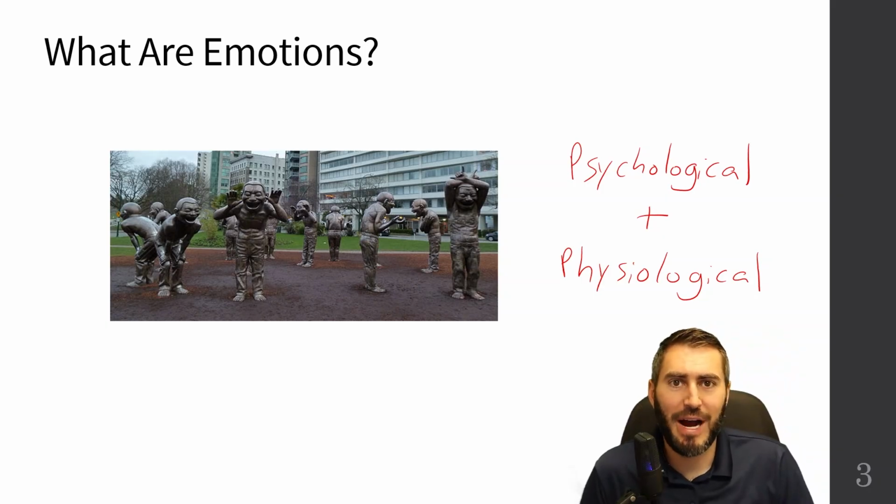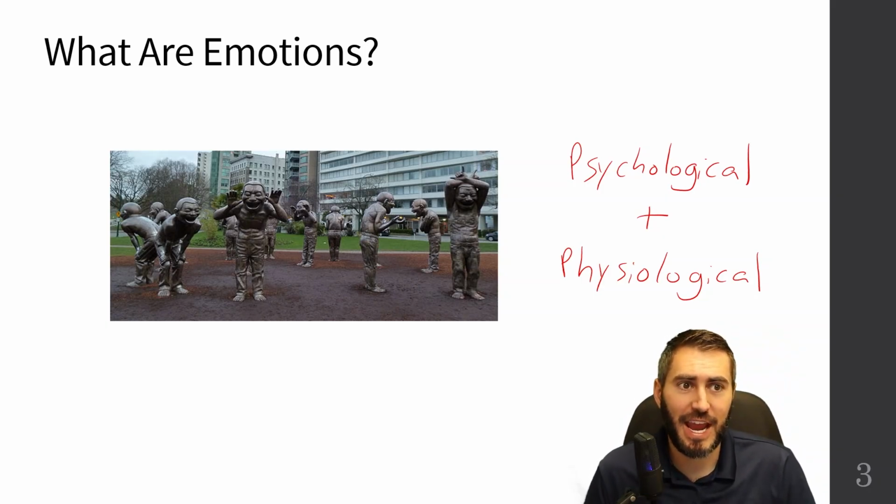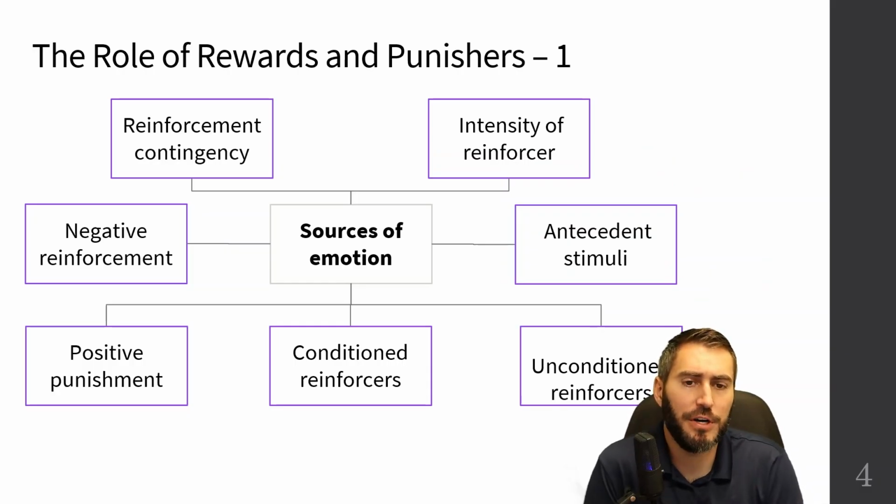Let's talk now about some different functions and sources of emotions. Let's talk first about where emotions come from. What are different sources of emotions and what causes these emotions to come out? We can talk about a lot of different examples here. We can look at different types of reinforcers, like what we talked about in previous chapters with learning. We might learn different things that cause different types of emotions.